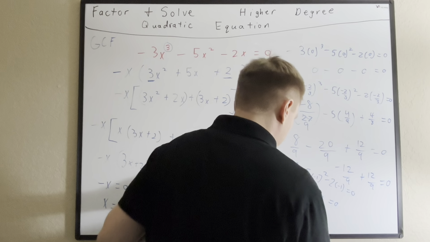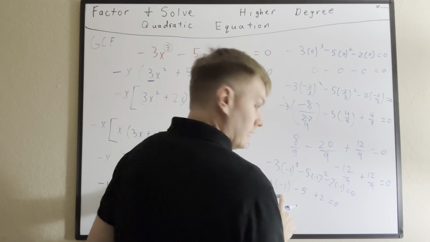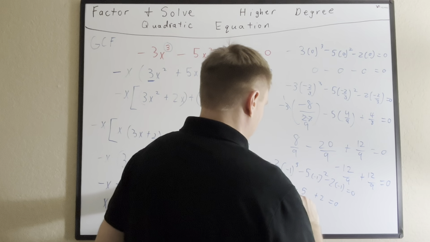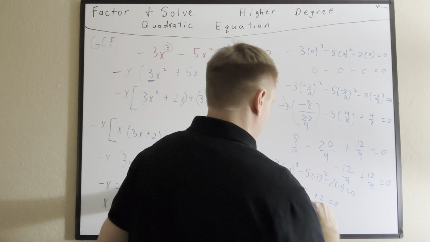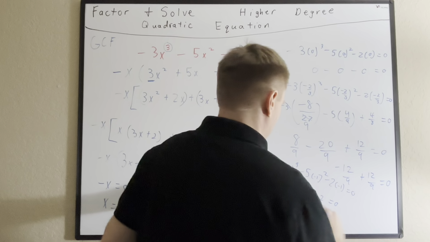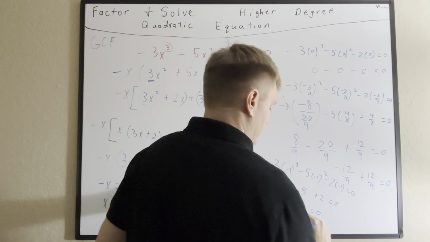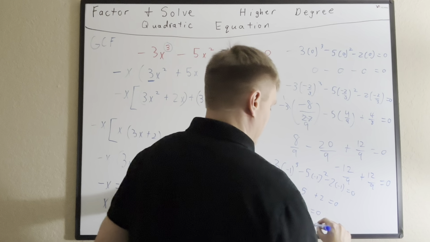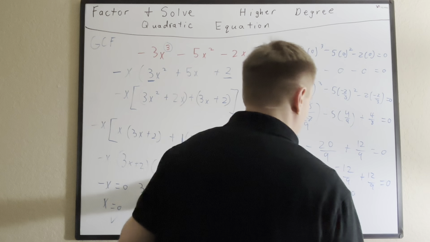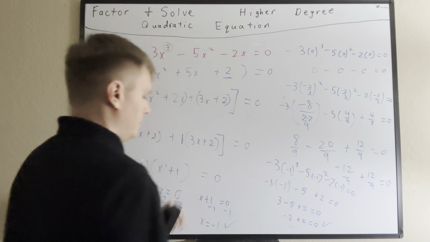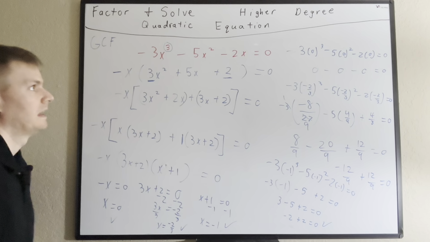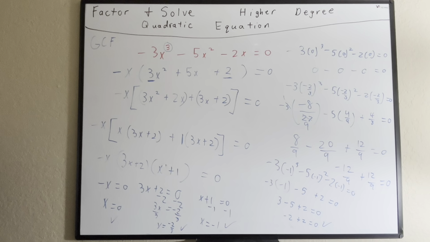What do we get? Negative 3 times negative 1 is positive 3 minus 5 plus 2. Negative 2 plus 2. And that is true. So we found all three answers and we checked to make sure that they were correct.